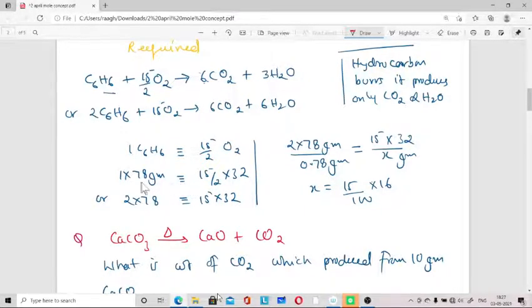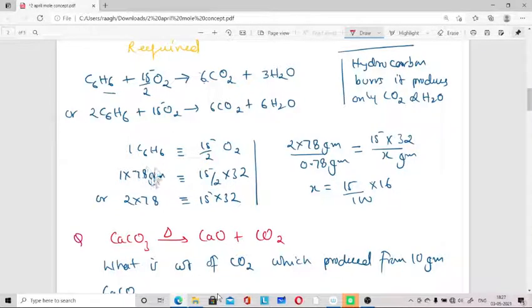Now weight of benzene is 78 grams. C6H6, if you calculate the weight, it will come as 78 grams. So 1 mole of benzene means 78 grams, that is equivalent to 15 by 2 into 32, that is the weight of oxygen.